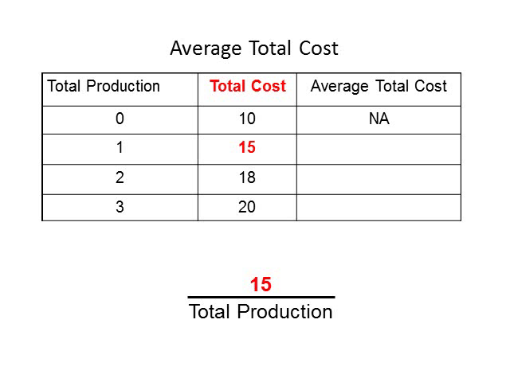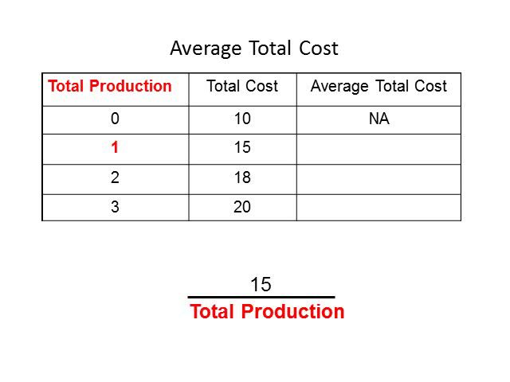Next, substitute 15 in for the total cost in the formula. Next, locate the total production in the table and in the formula. Notice that the second row of numbers for total production is 1. Substitute 1 in for the total production.